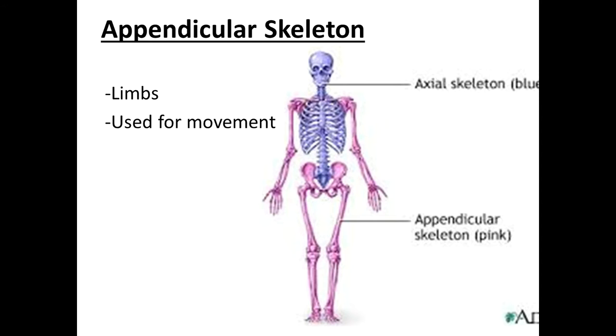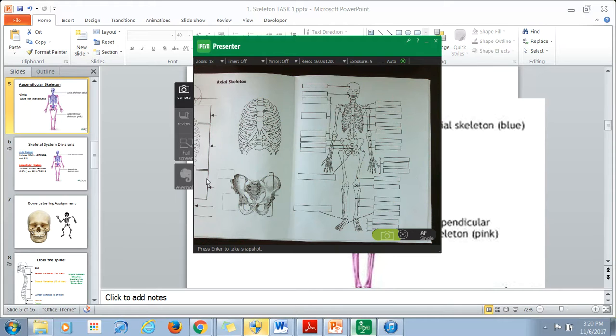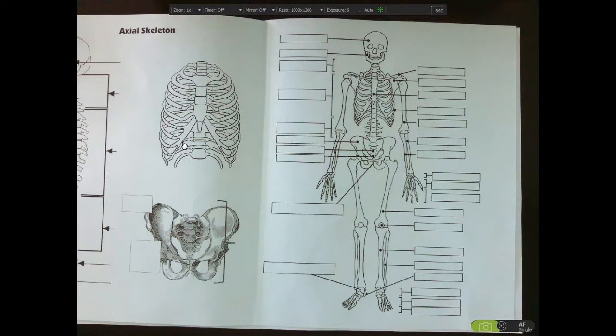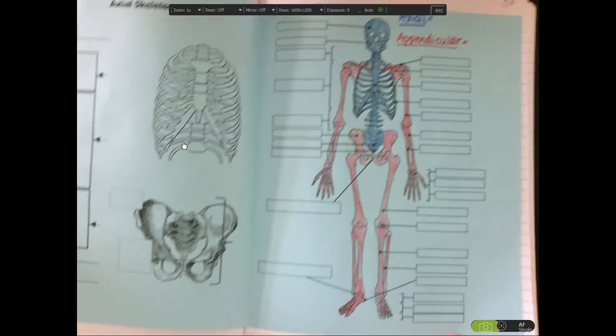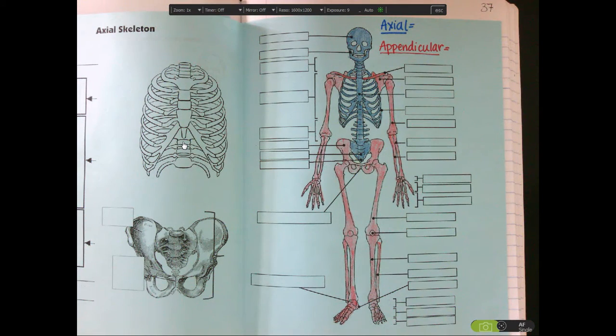Okay, so at this point, I want you to label your skeleton. So the one on that page, you are actually going to label which is axial and which is appendicular. So you might need to pause the video, but in the end, your finished color-coded skeleton will look something along the lines of this, where you have axial in one color, appendicular in the other.